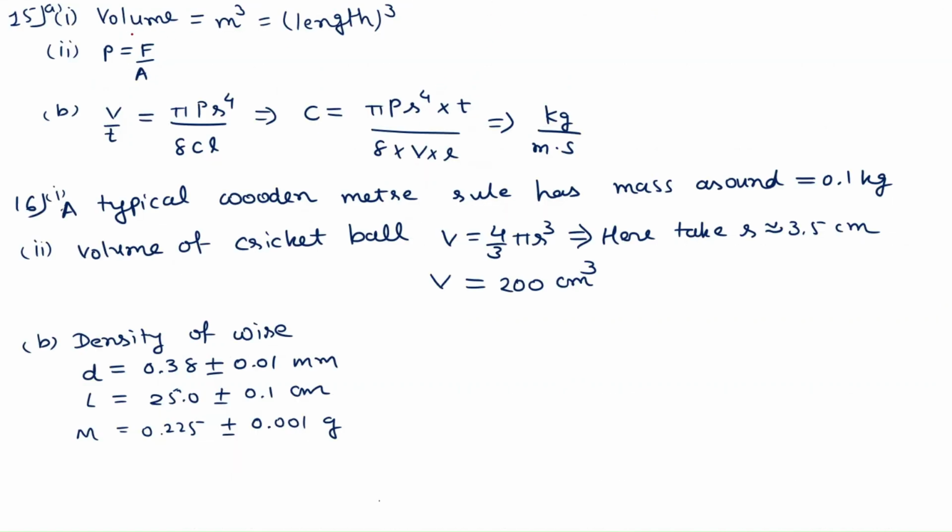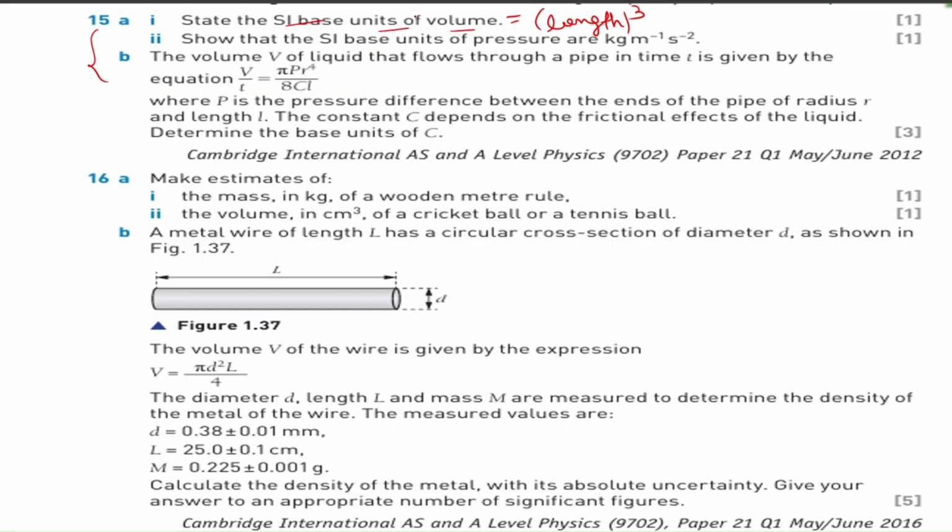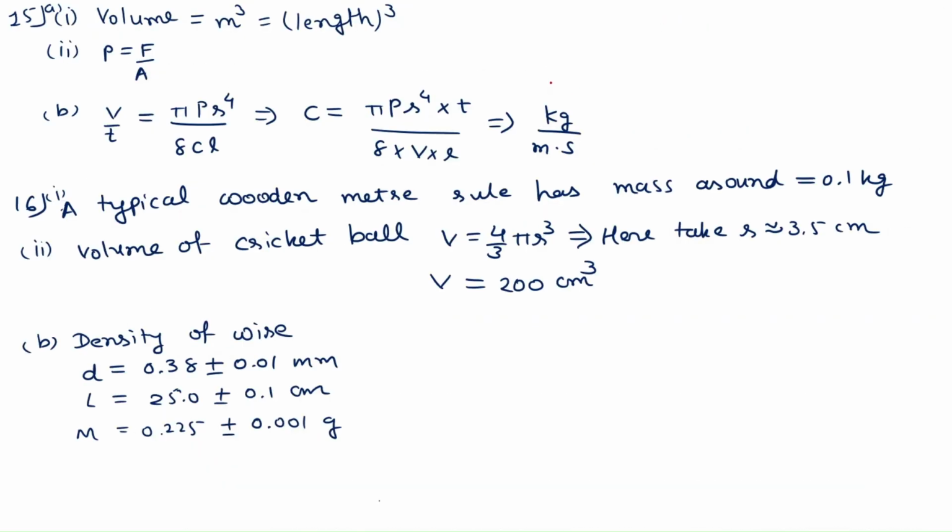We also mention here that volume is length cubed, and length has an SI unit of meter, so the unit is meter cubed. Now, in the second part, show that the SI base units of pressure are kilogram per meter second squared. So you have to show the unit of pressure.